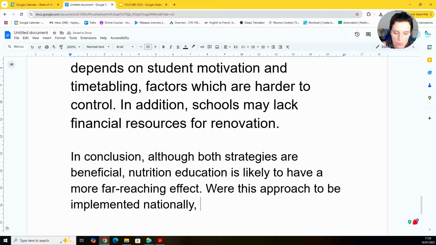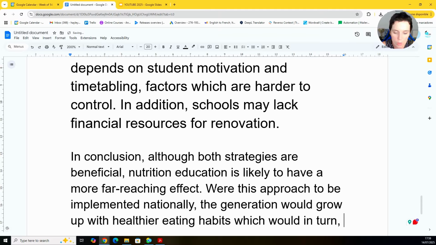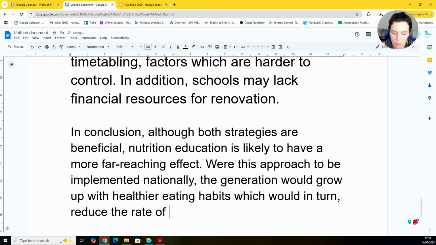Then the next generation would grow up with healthier eating habits, which would in turn reduce the rate of obesity. Okay, so there you go. I've answered my question.